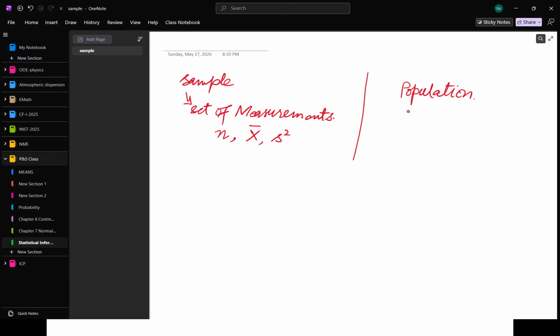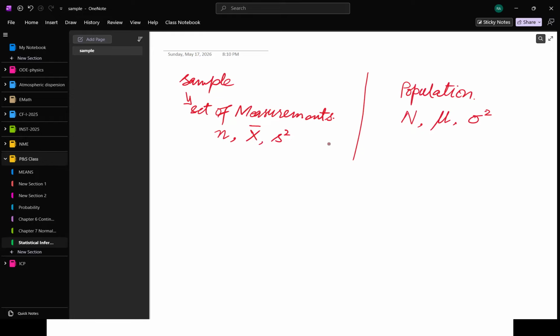For the population, the parameter values are established with a large number of observations, and it generates a population mean value mu and a population variance value sigma squared.